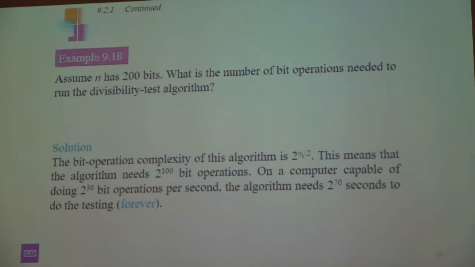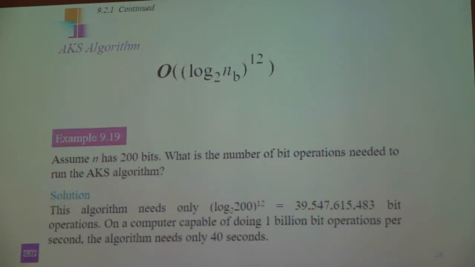If I have a computer that could operate at 2 to the power 30 bit operations per second, how much time am I going to need? 2 to the power 70 seconds just to finish that. That means it's going to take years. It takes a lot of time, so it's not practical.